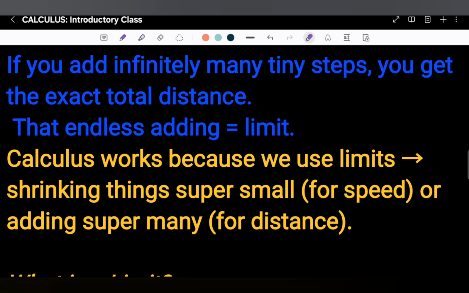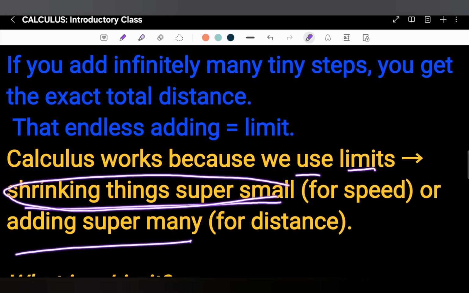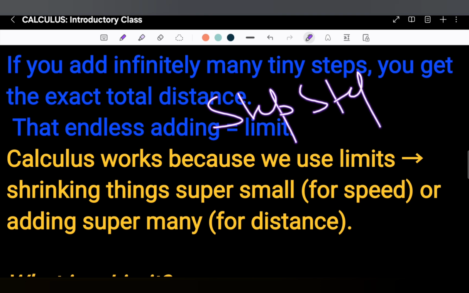Calculus works because we use limits: shrinking things super small, that we do in the case of differentiation, or adding super many small steps so that we get the entire distance, in the case of integration.